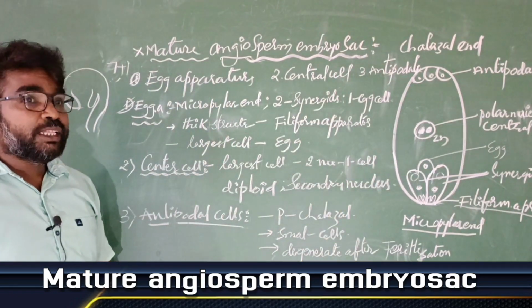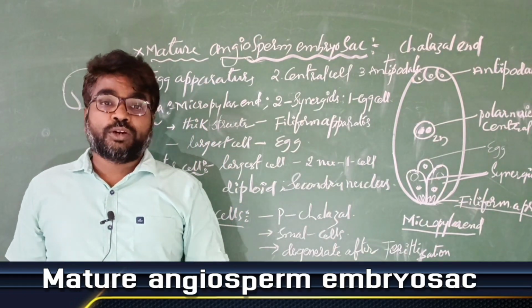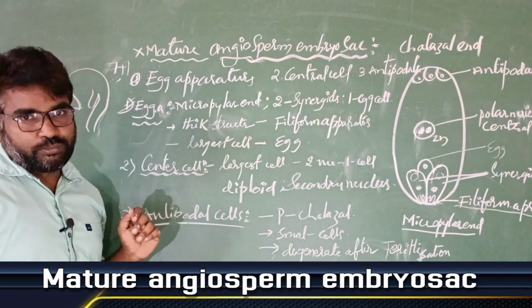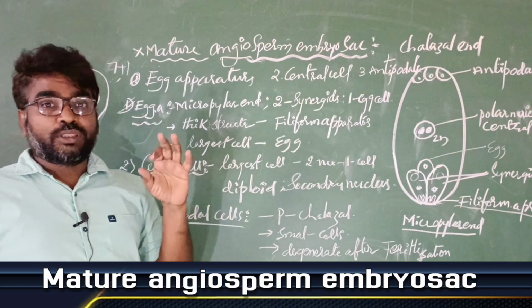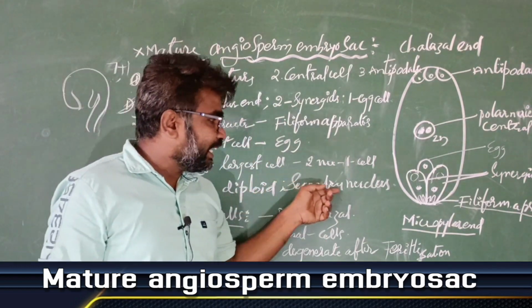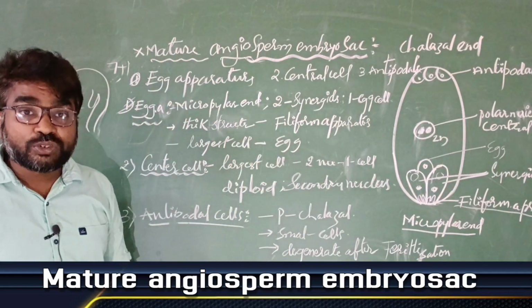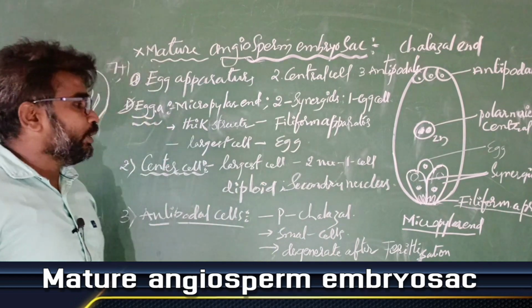Number 3, these central nuclei are diploid in nature. This is also called the secondary nucleus.